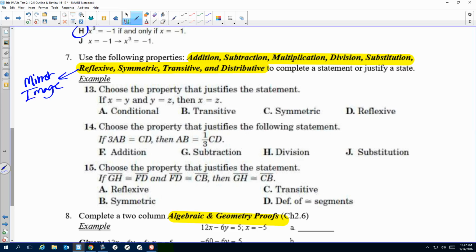Symmetric, what happens with symmetric? You flip or switch. And then transitive, what happens with transitive? Cut the middleman, okay? It's like syllogism.